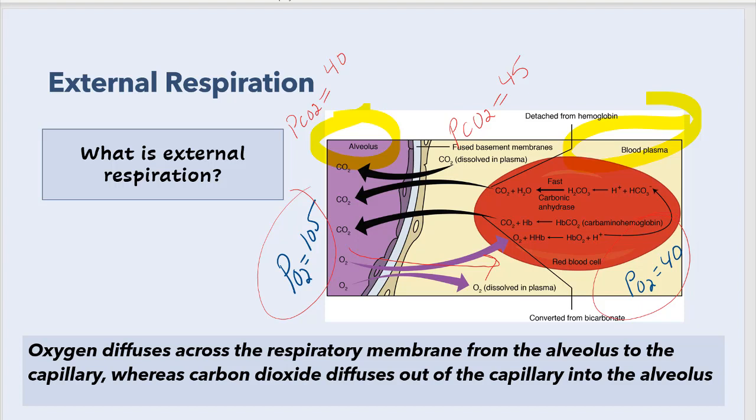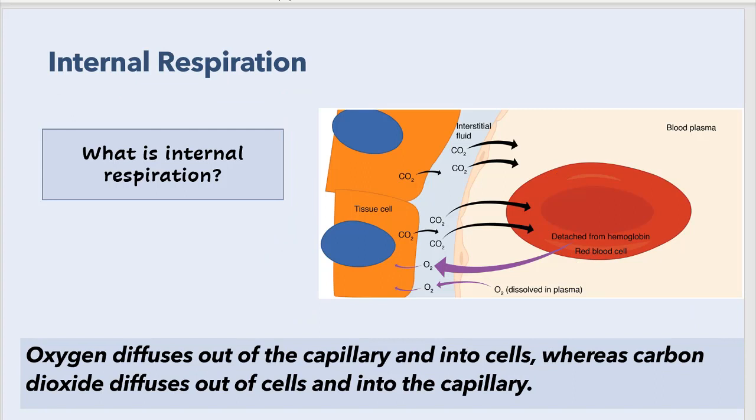So for CO2, the movement is in the opposite direction. The CO2 gas will move from the blood into the alveoli. And this is again external respiration, exchange of gases at the level of the lungs between the alveoli and the blood capillary.